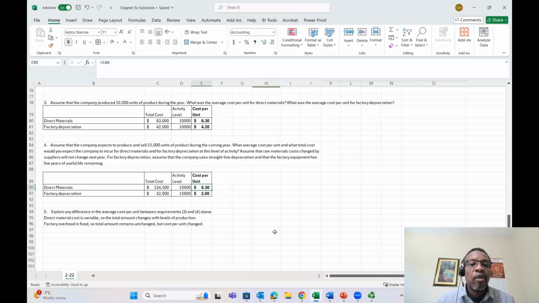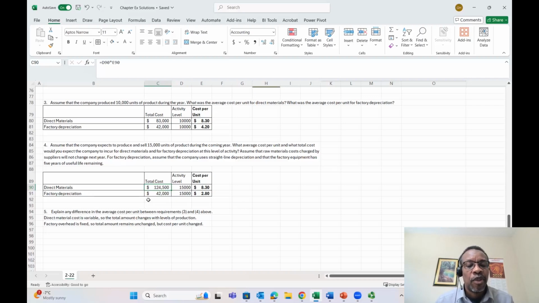One, we know that the cost per unit for raw materials is going to be $8.30. We know that the level of production that we're expecting is going to be 15,000. So therefore, we can find direct material by multiplying cost per unit by the levels, and that gives us $124,500.